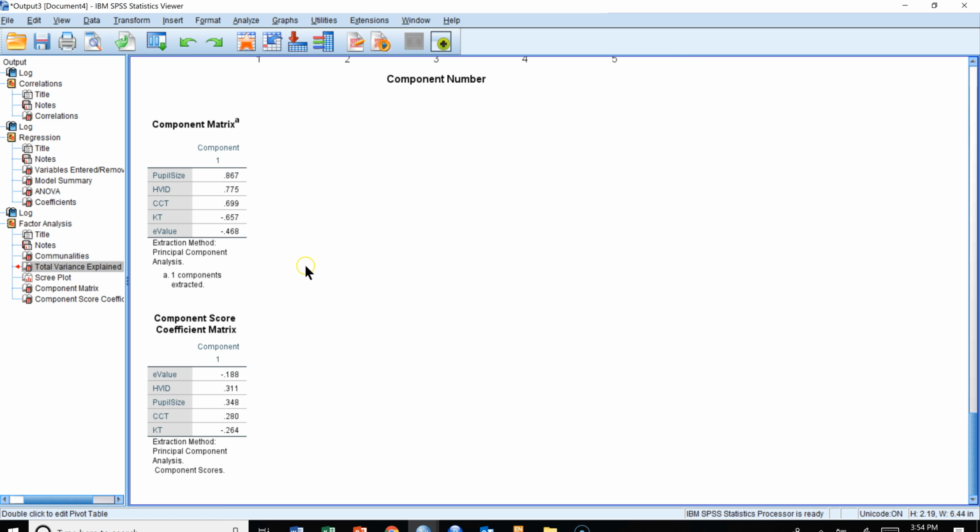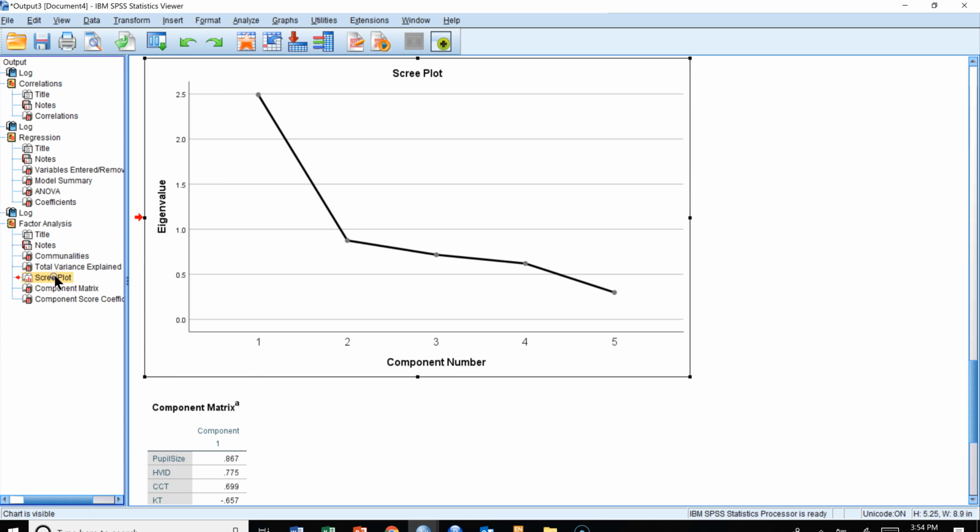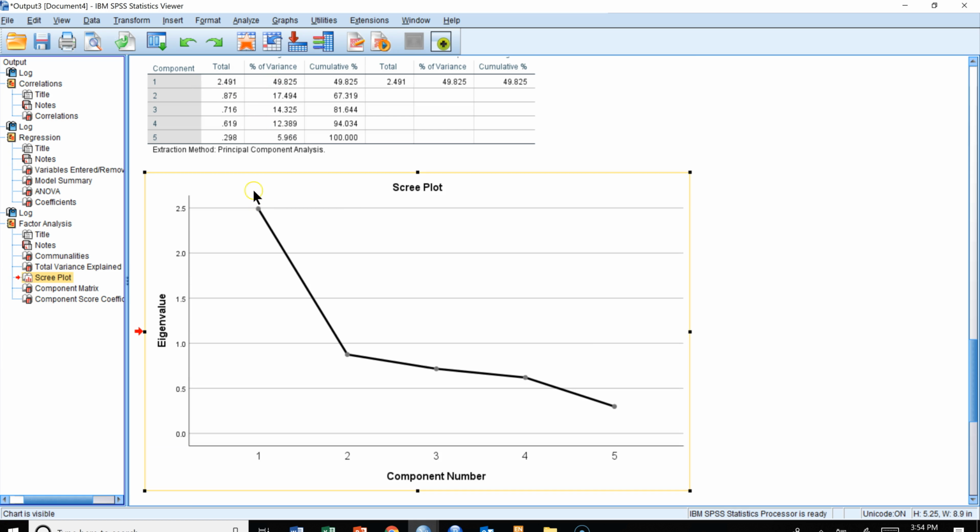All right. So again, the scree plot just plots out the individual ones, and it's related to this table, 2.491, 0.875. It's just a graphical observation with 1 being the cutoff. And we see here that we really only have 1 factor.